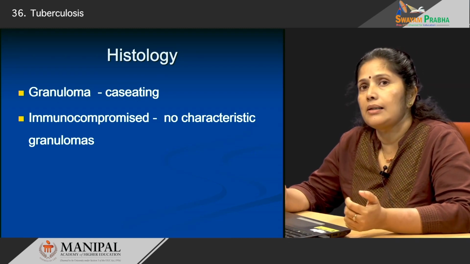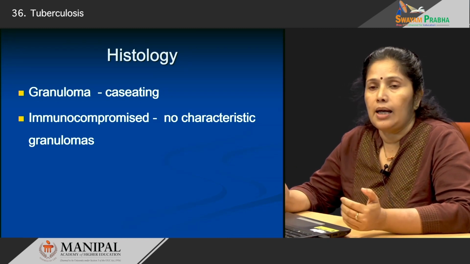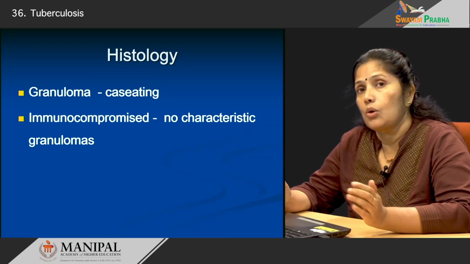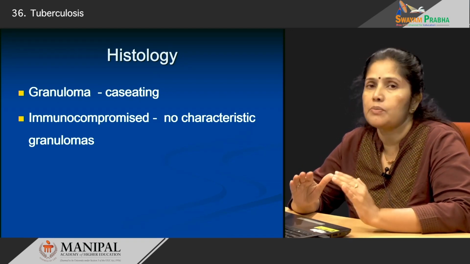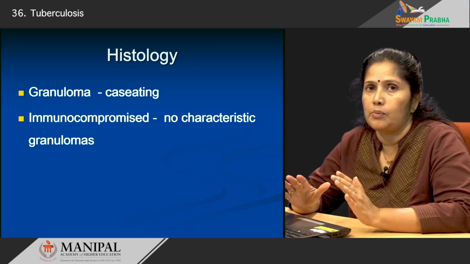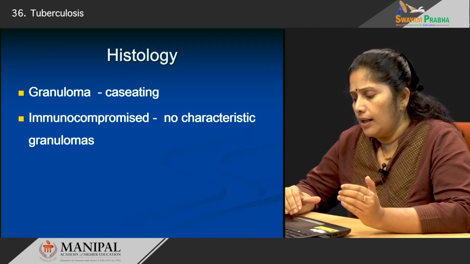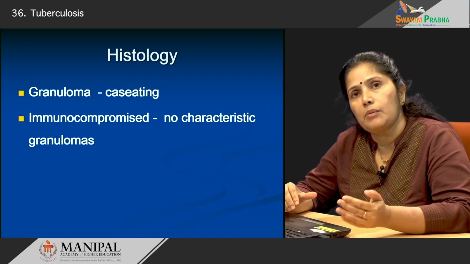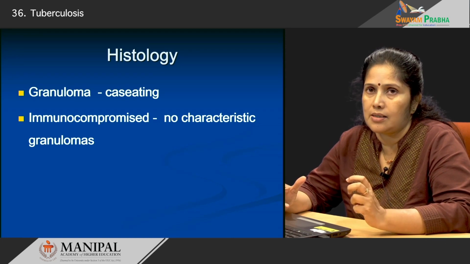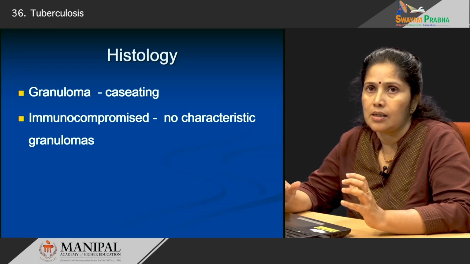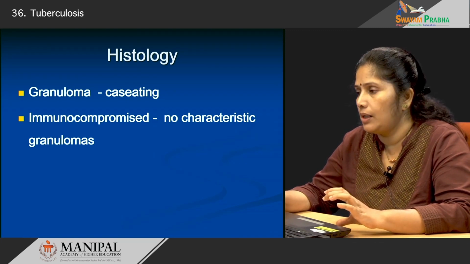You would have learnt earlier that granulomas can be seen in many different conditions, and many of these granulomas are non-caseating, but in tuberculosis the lesion has to be a caseating granuloma. That is the hallmark of tuberculosis. Rarely, in some immunocompromised patients like HIV patients, you do not see a classic caseating granuloma, but still some components of this granuloma will be present.